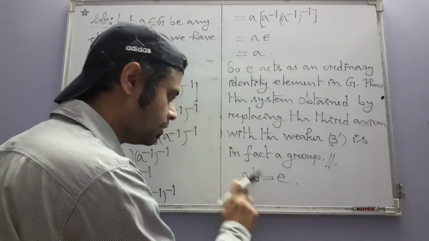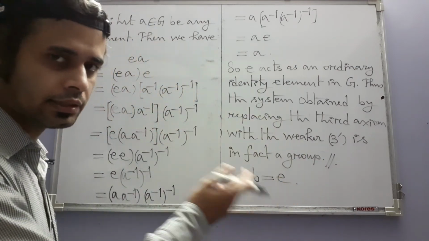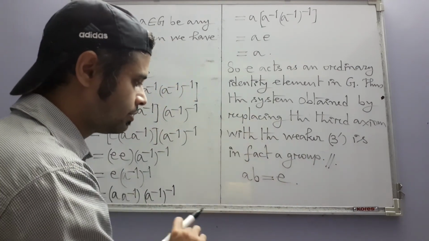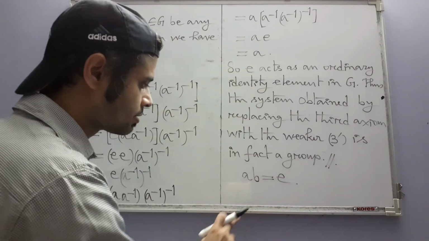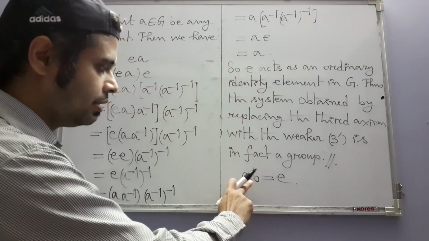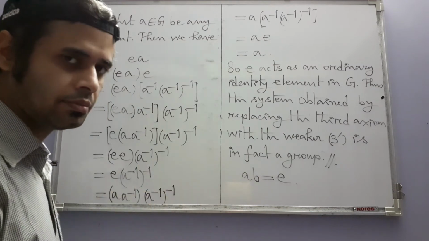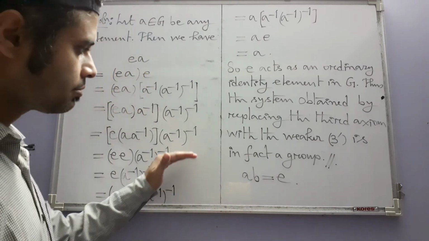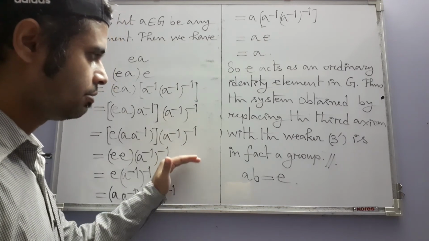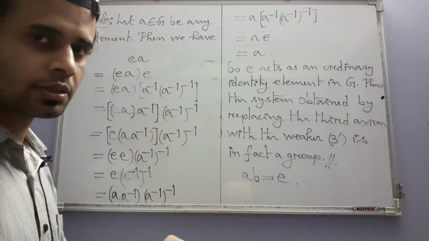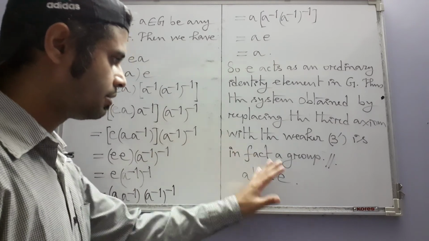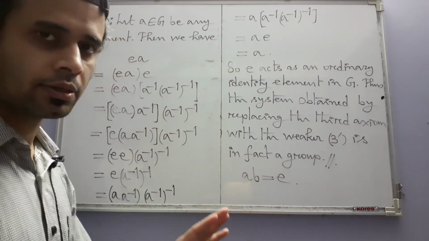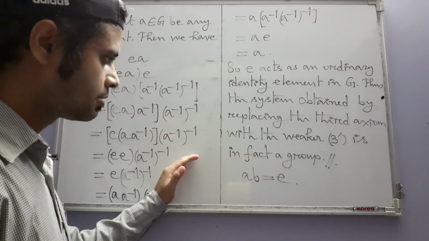Just like that right identity thing, just like how we decided to call E in this context, you can call this B a right inverse of A. So what I am saying here is that you can give a much bigger definition of a system where you have a set G, a binary operation on G, such that G is closed.